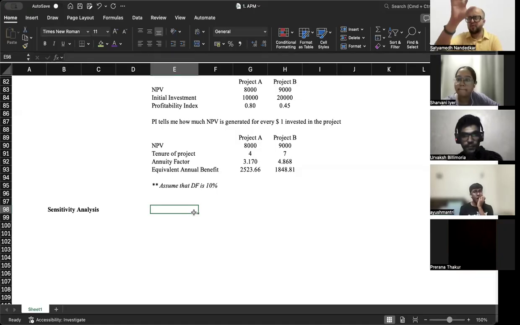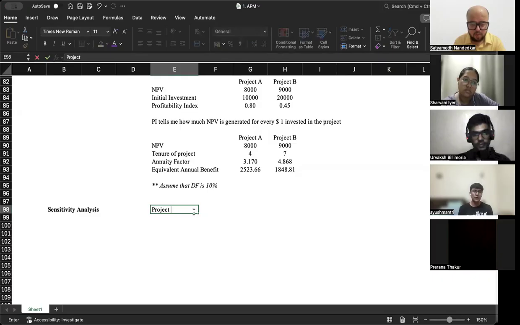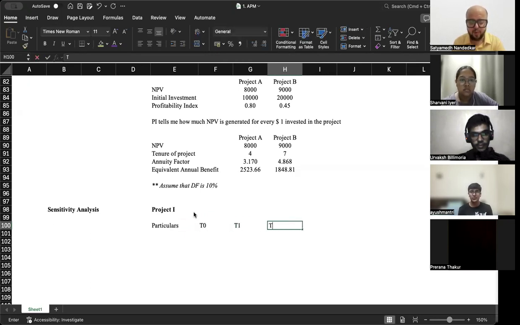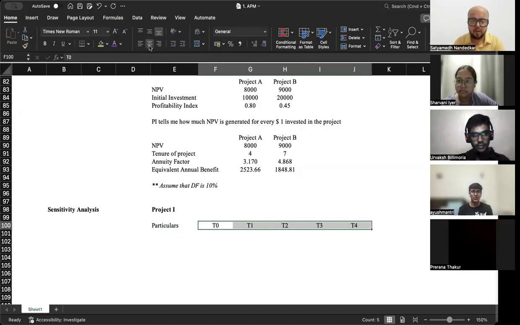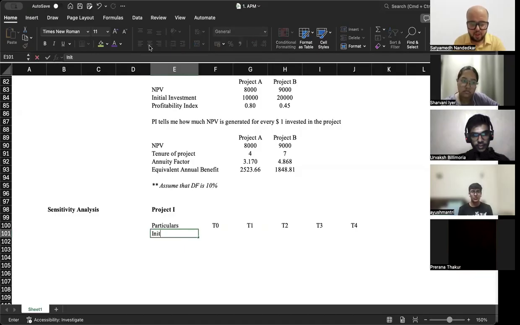Before giving you a formal definition of sensitivity analysis, let me present some data in front of you. Okay. There is a project one. Particulars: initial investment. I'm not making it a very big project, don't worry. T1, T2, T3, T4. Now there is initial investment.